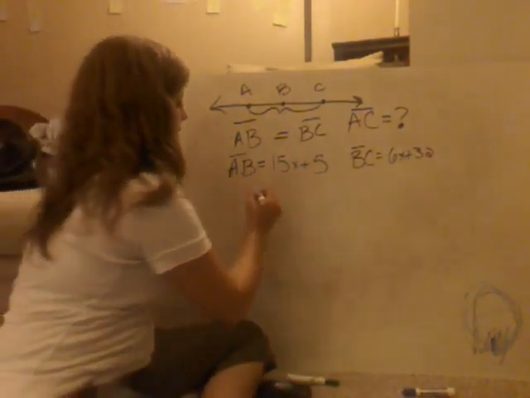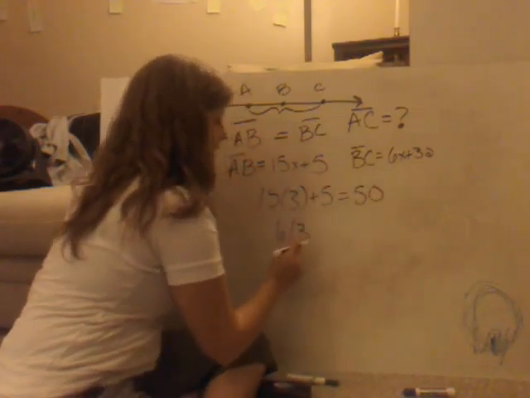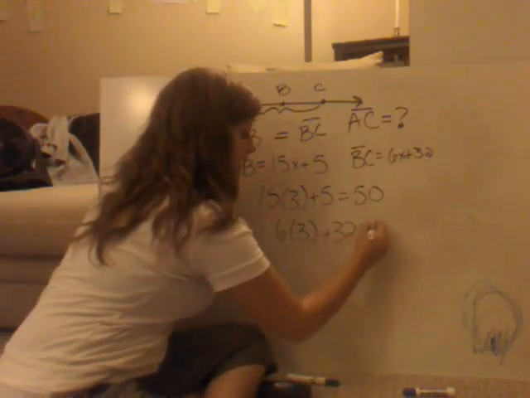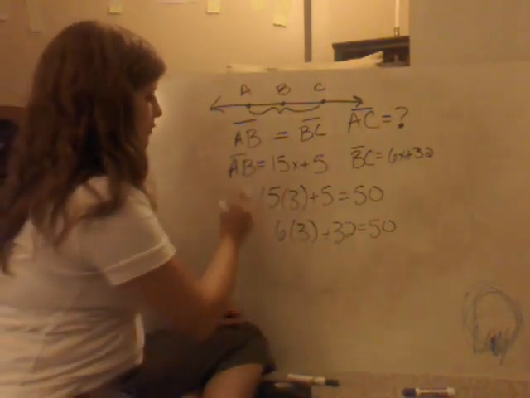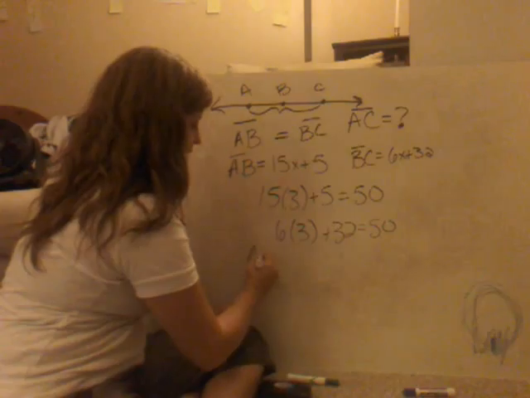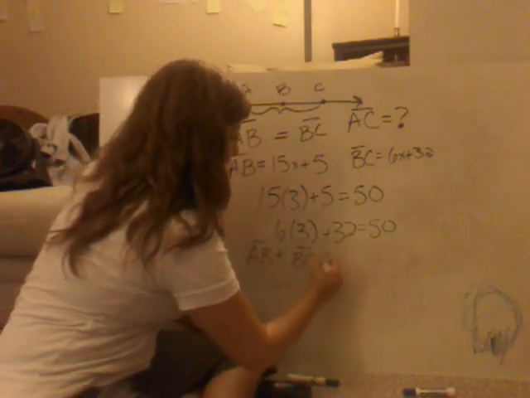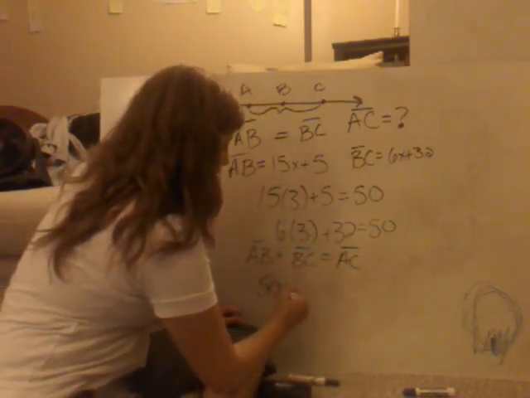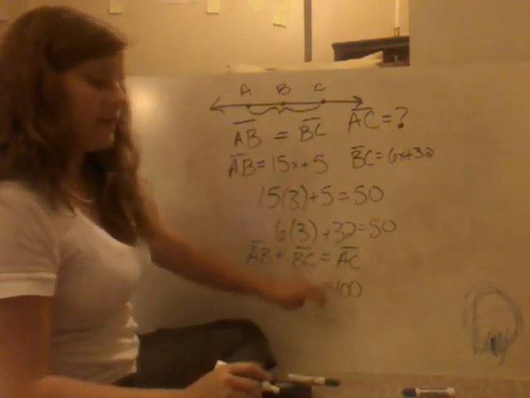I've got 15 times 3 plus 5 is equal to 50. And 6 times 3, because I'm just plugging the 3 back into where the x is, plus 32 is equal to 50. And I add the two together because I want the total, so I need AB plus BC is equal to AC. 50 plus 50 is equal to 100. So AC is equal to 100.